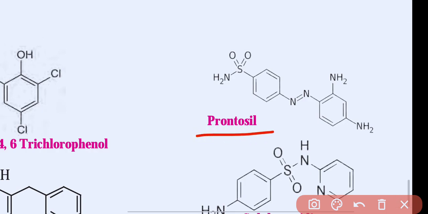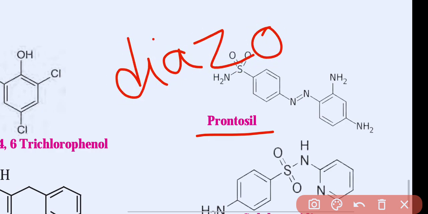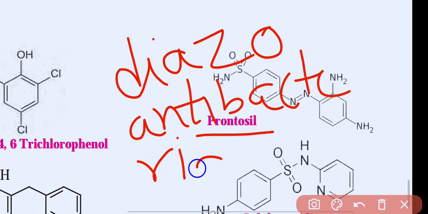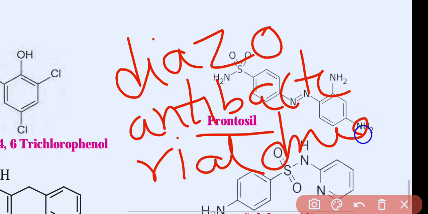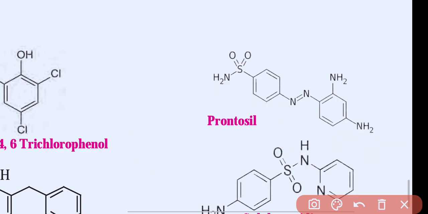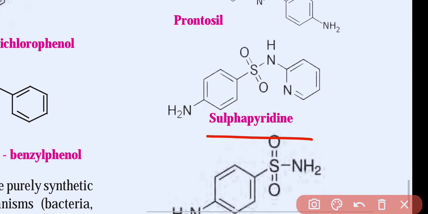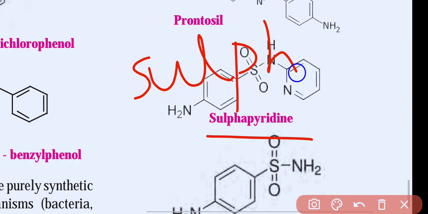Prontosil is an effective diazo antibacterial drug. Now this sulfapyridine is a sulfur drug.